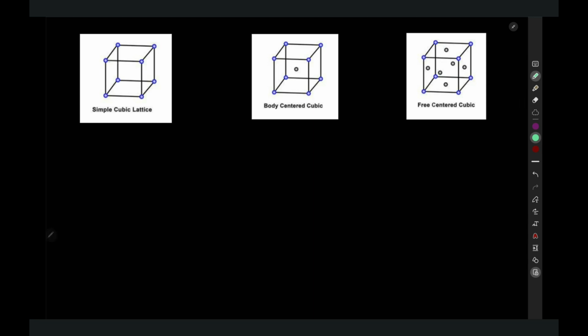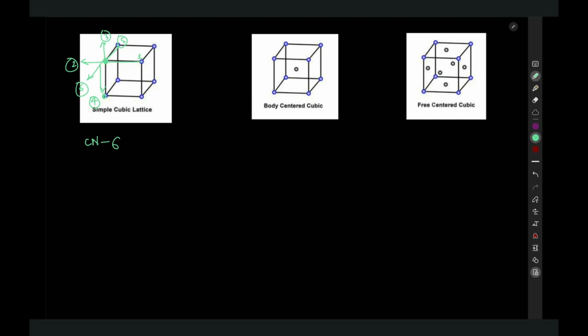We can see that in a 3-dimensional structure, for this connected atom there are 6 atoms, which is first, second in the left side, third in the top side, fourth in the bottom side, fifth in the behind and sixth one in the front. So the coordination number of simple cubic is 6.